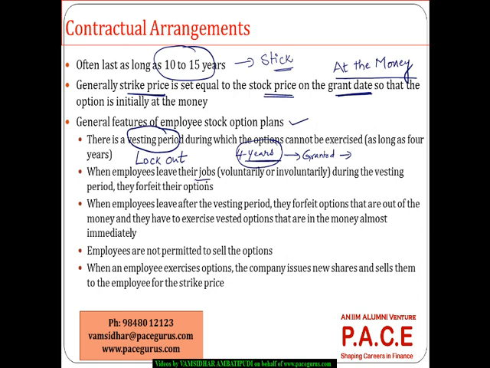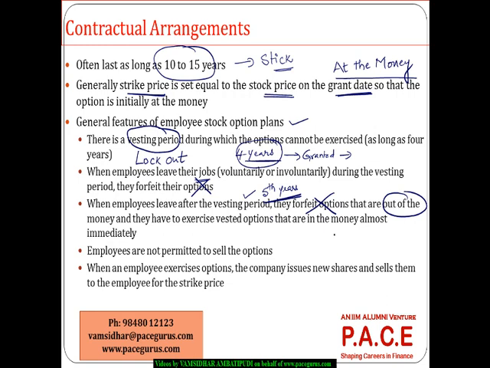Now, when the employee is leaving their job, whether it is voluntary or a termination, during this vesting period, all their options are forfeited. They can't exercise any of their options. But after this vesting period, so if the employee has left in the 5th year, all the options that are out of the money, they have to forfeit.